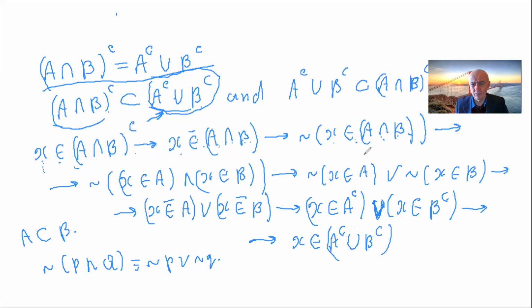Look now very carefully. If any questions, ask me, please. So, the method is that I'm taking an arbitrary element from this set, the left-hand side, and I proved that this element is also an element of this set.